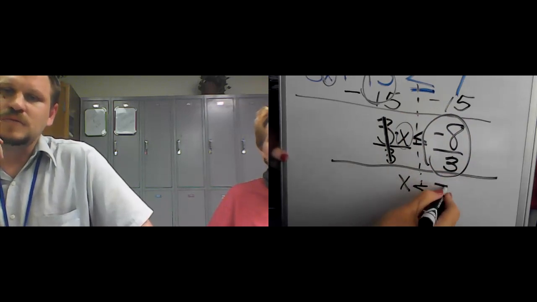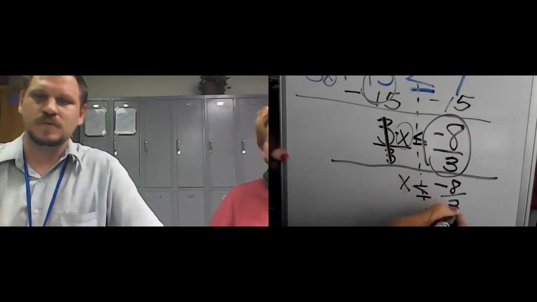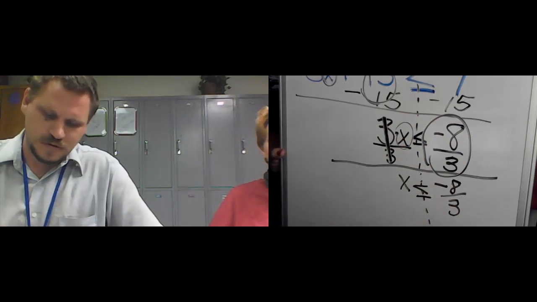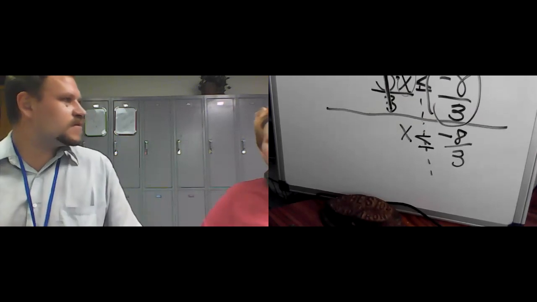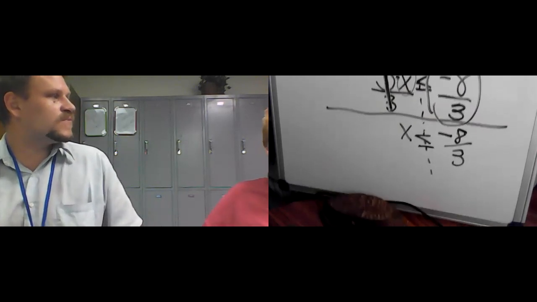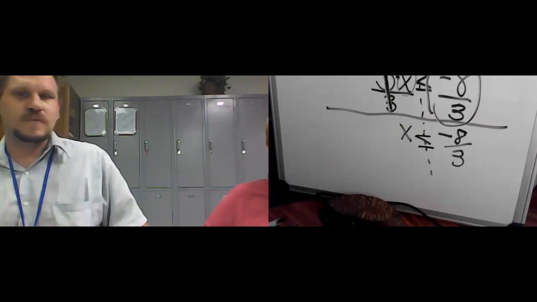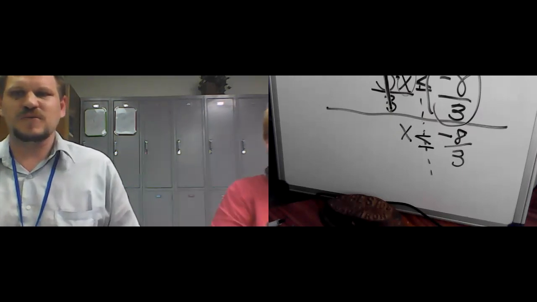You leave it. It wouldn't be 5 because 5 times 3 is 15. It'd be -2 2/3.